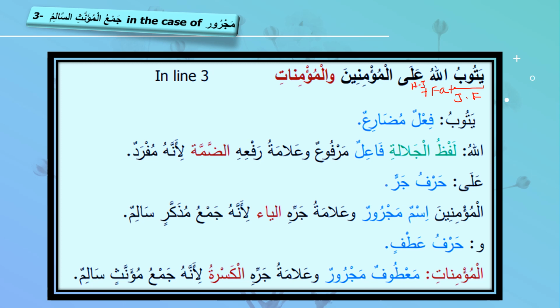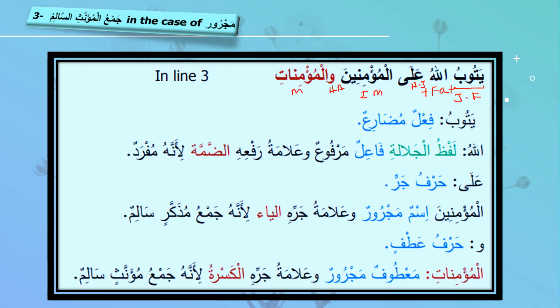Then you have al-mu'minin wal-mu'minat. So in most of the cases you may see a maf'ul bihi, and in most of the cases, you might not see a maf'ul bihi. In this sentence, you don't have a maf'ul bihi since there is a harf jar and then comes the ism majroor. And there is a harf atf, then you know after atf comes the ma'tuf.